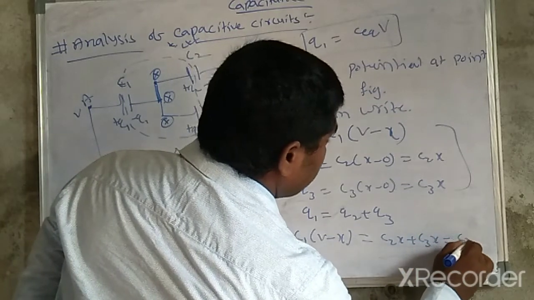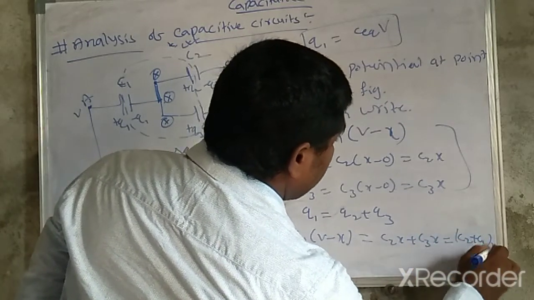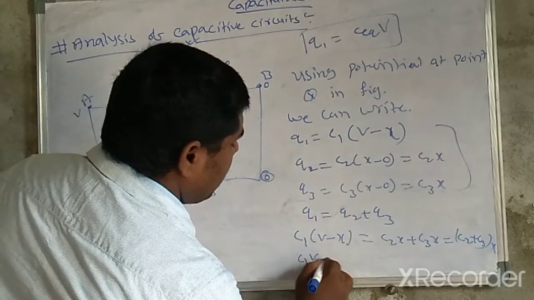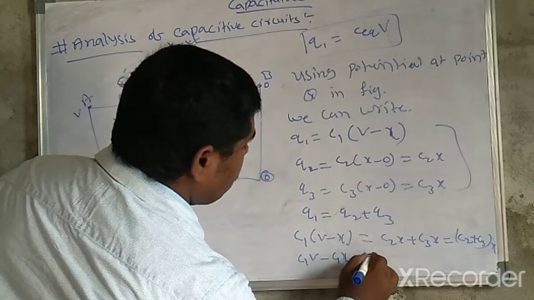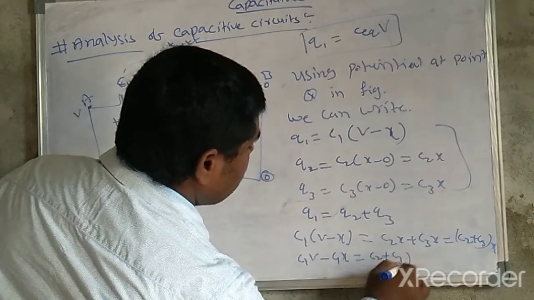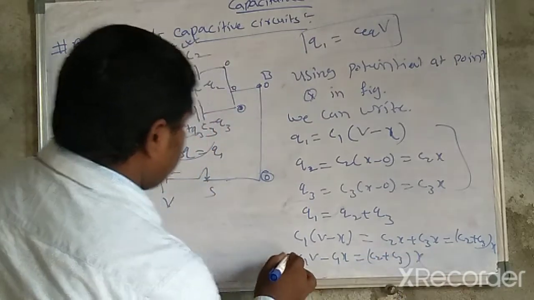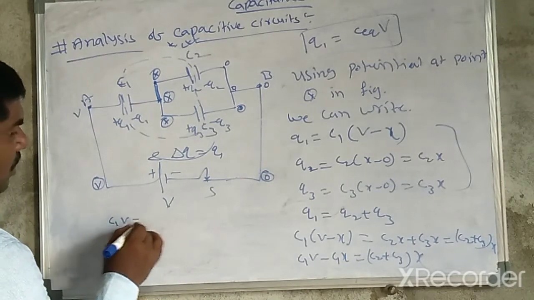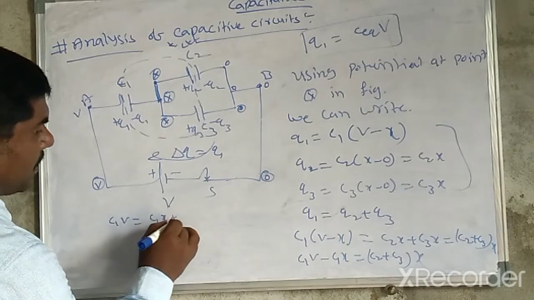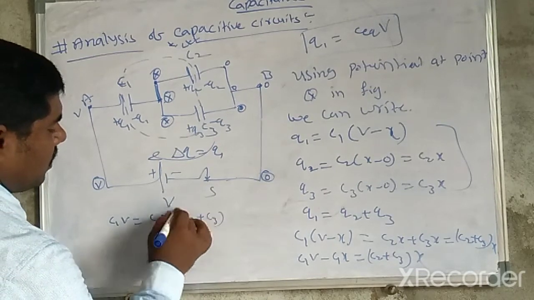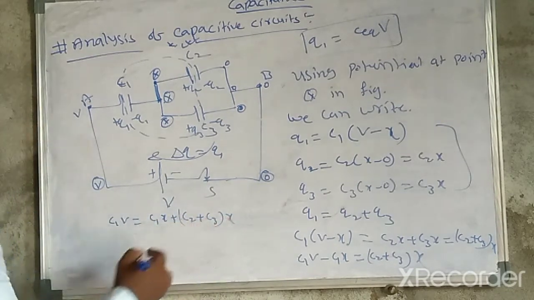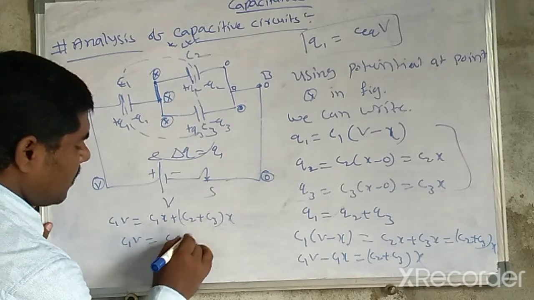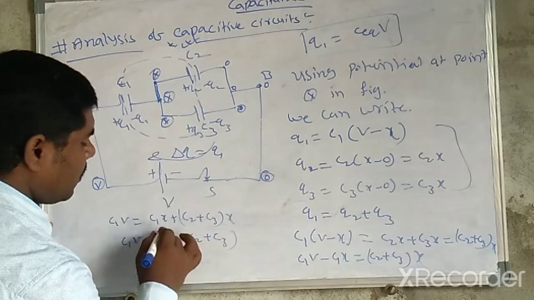Taking X common, C2 plus C3 into X. Here C1V minus C1X is equal to C2 plus C3 into X. From this, C1V is equal to C1X plus C2 plus C3X. So here also X taken common. C1V is equal to C1 plus C2 plus C3 into X.